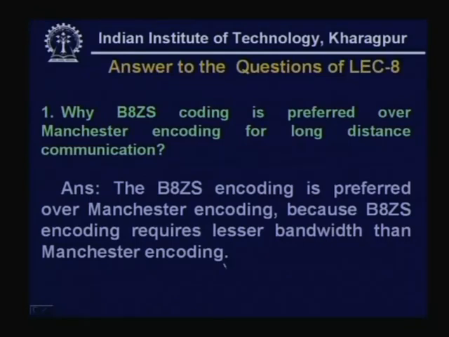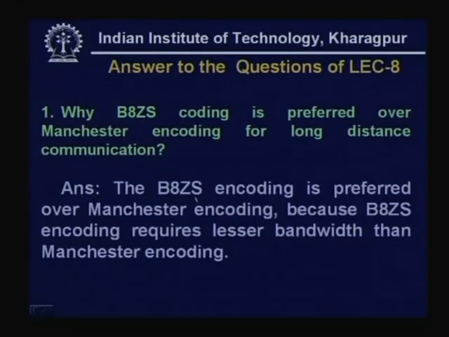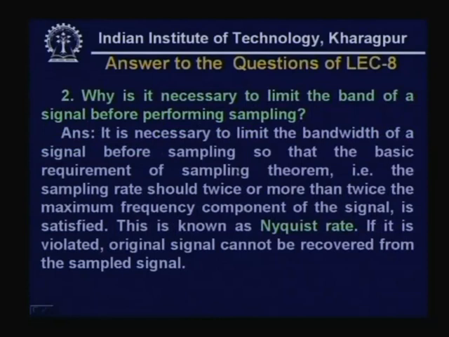Bandwidth, as you have seen, is equal to the bandwidth of the baseband signal. But Manchester encoding has bandwidth almost twice the baseband signal. So, we see that B8ZS has lesser bandwidth, which is useful. That is why it is preferred for long distance communication.